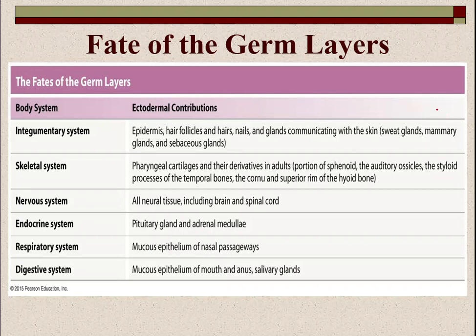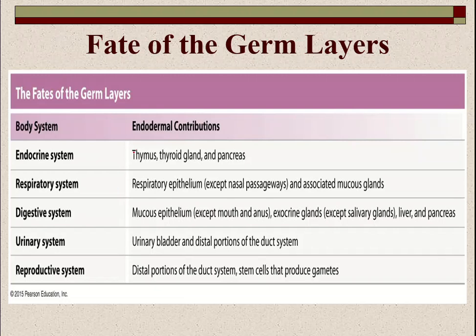So, from the ectoderm germ layer, you will have structures of the skin, the integumentary system, the skeletal system, the nervous system, the endocrine system, the respiratory system, and the digestive system. And also we have the endoderm germ layer giving rise to structures of the following systems. So what I want you to do, look in the notes, I've put them in bold for you.